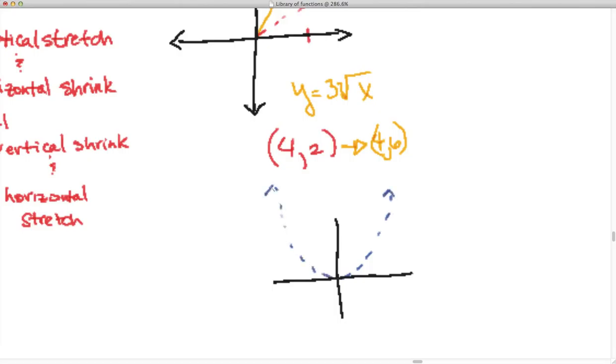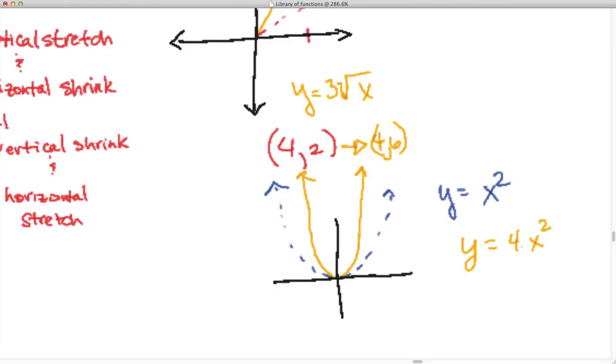Well, what happens if I take that times a 4? Well, the y values now are going to shoot up a lot faster to infinity, because they're 4 times what they were.